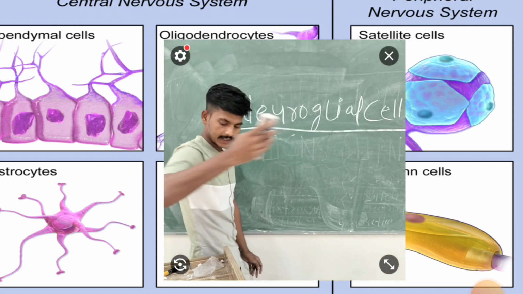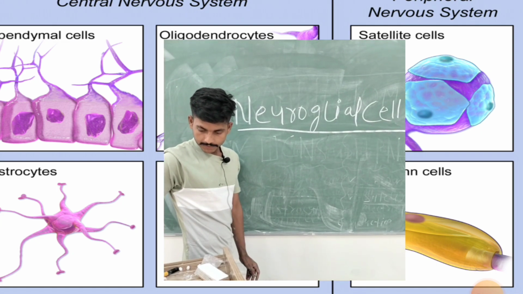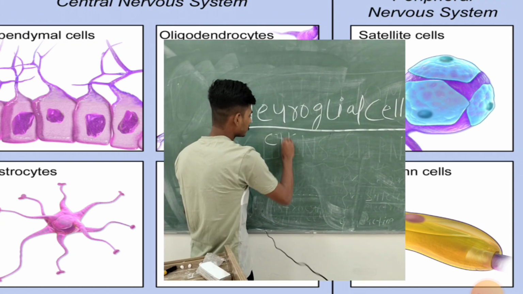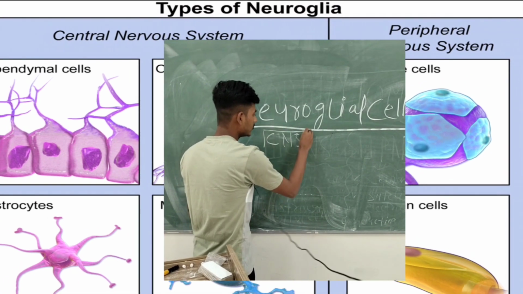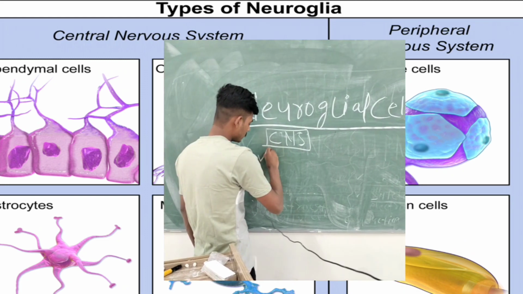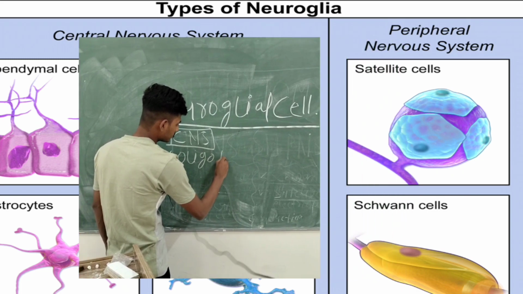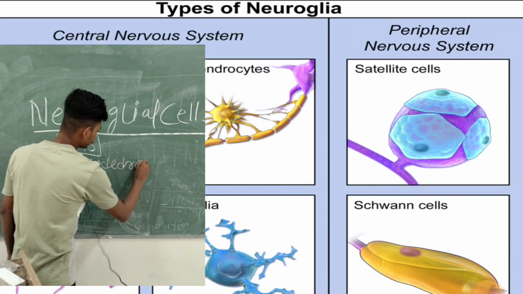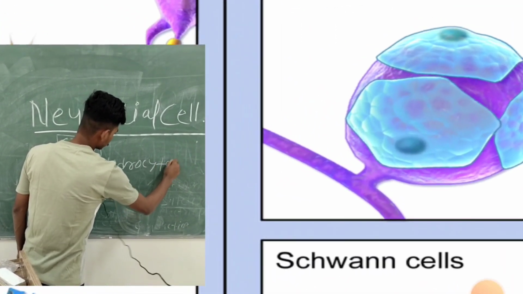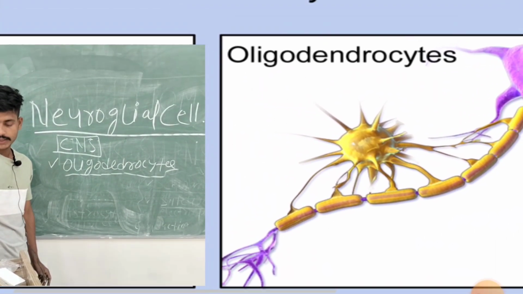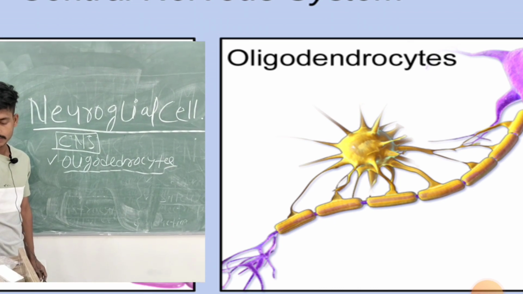The first cell we will discuss in the central nervous system is the oligodendrocyte. See the slide.